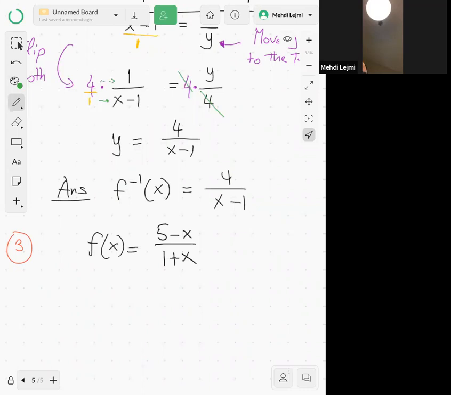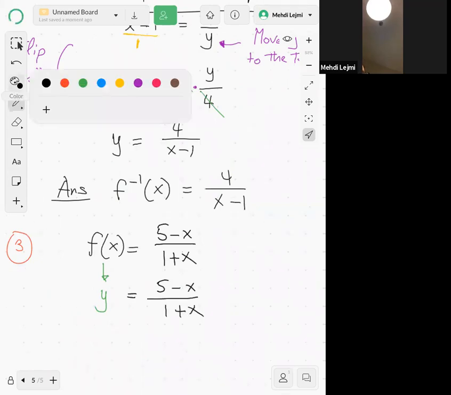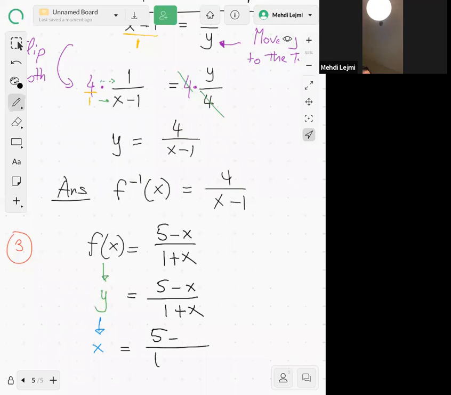So as usual, this is y now: 5 minus x over 1 plus x. And then interchange y and x. So y becomes x, and the x becomes y. So it's now x equals 5 minus y over 1 plus y.